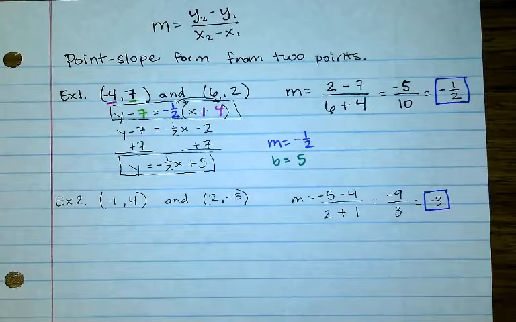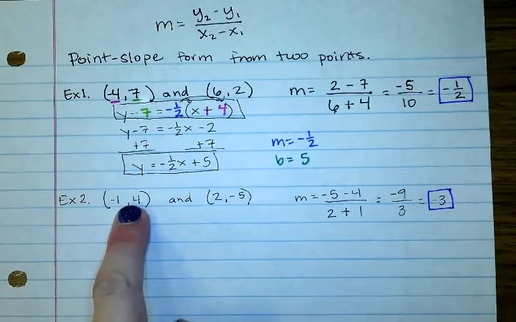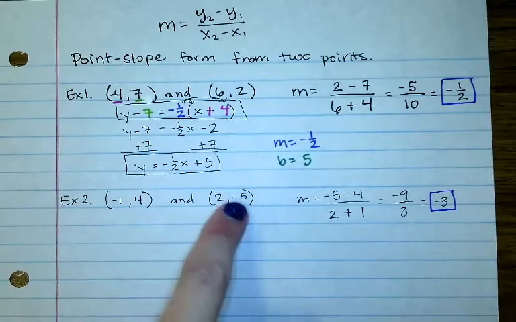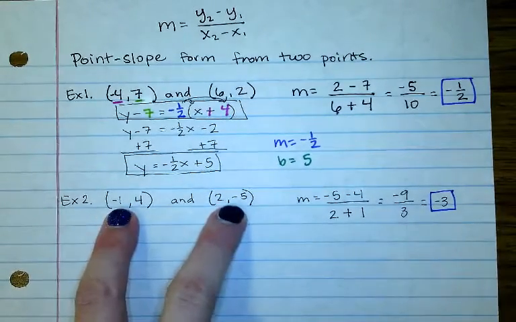So now that we know our slope, guys, I'm going to do this way. What if one of you picks this point? And what if your neighbor picks that as the point that you plug in? Is that going to be a problem? Well, let's see. Okay? So guys, in your partners, in your tables, one of you pick this as the point you plug in, and the other person pick this point as the point you plug in, and let's see what happens when we convert it.